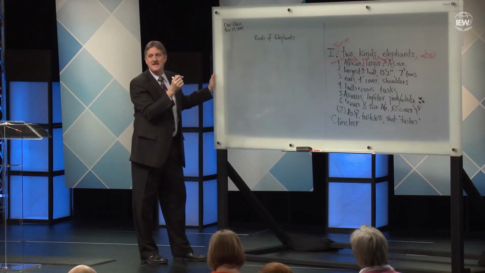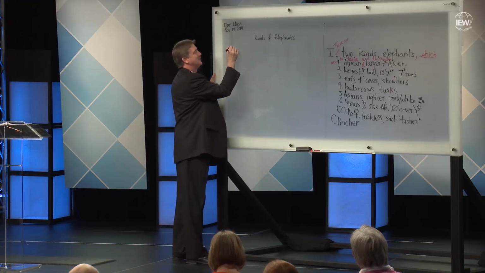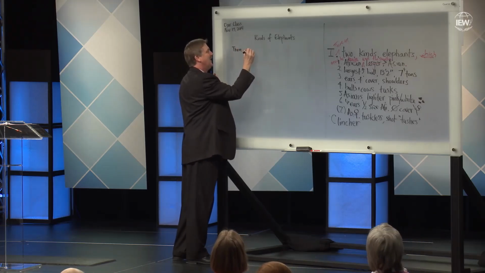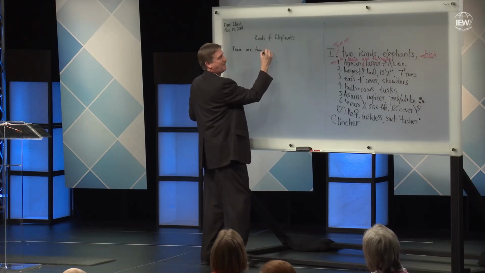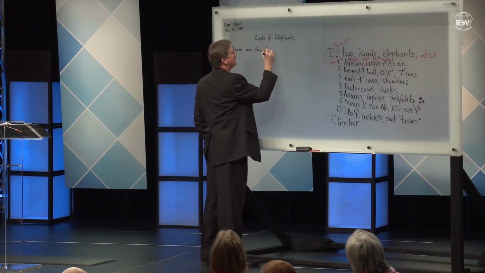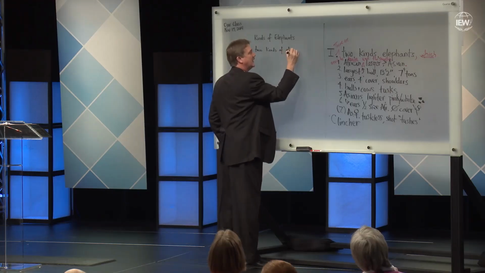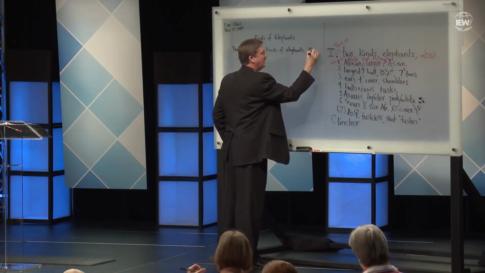Why do I have a nagging hunch as to what's going to happen here? There are two kinds of elephants, which... Sorry, my vision's not there. Somebody go ahead, finish it for me. There are two kinds of elephants, the larger African and the smaller Asian.